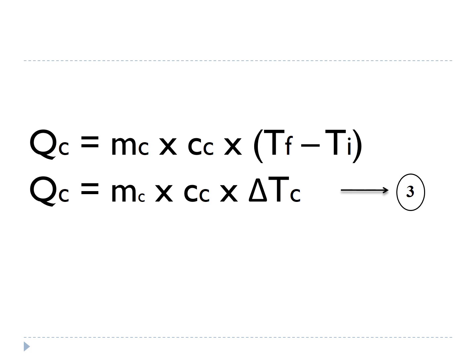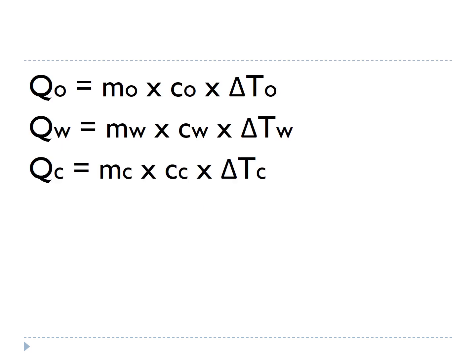Three equations we have written, one for the object, second for the water, and third for the calorimeter. We'll put all three together. Now when we were learning about the calorimeter, I told you that however much heat is lost by the object is going to equal the heat that is taken up by the water and the heat of the calorimeter.